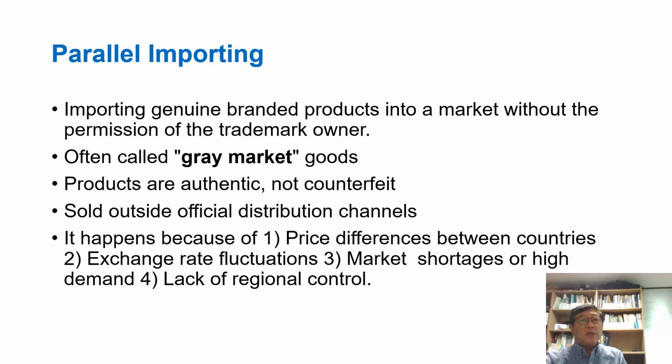It happens because of price differences between countries, exchange rate fluctuations up and down, market shortages or high demand, or lack of regional control. These factors make parallel importing occur.